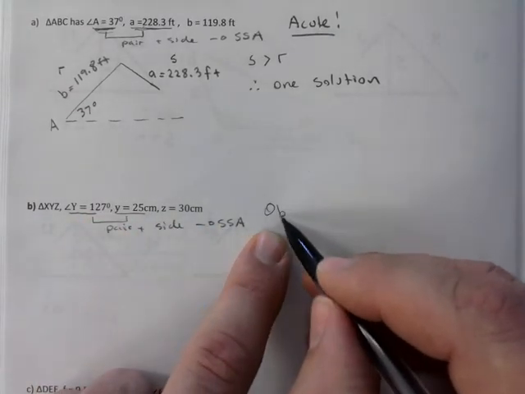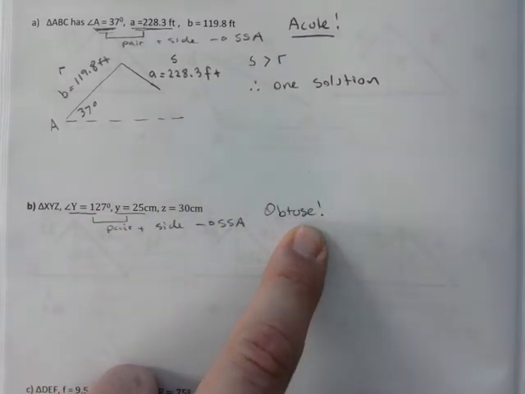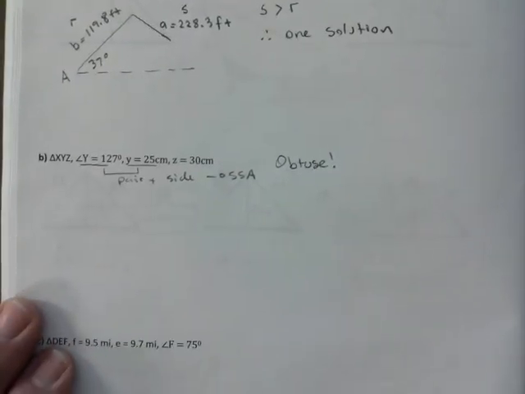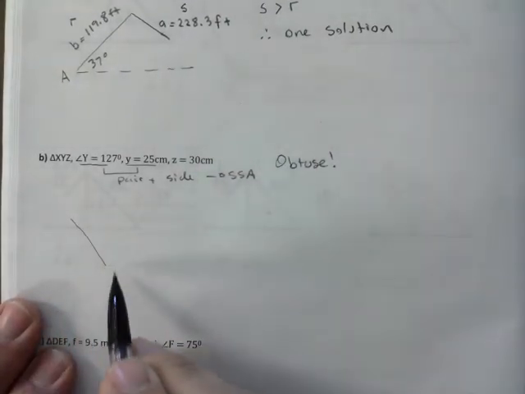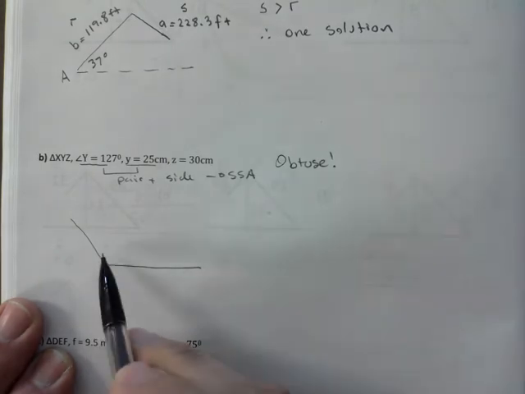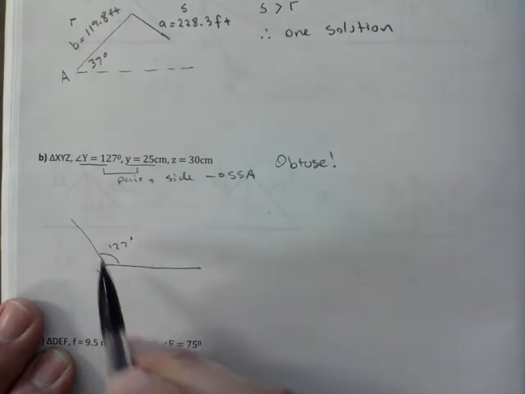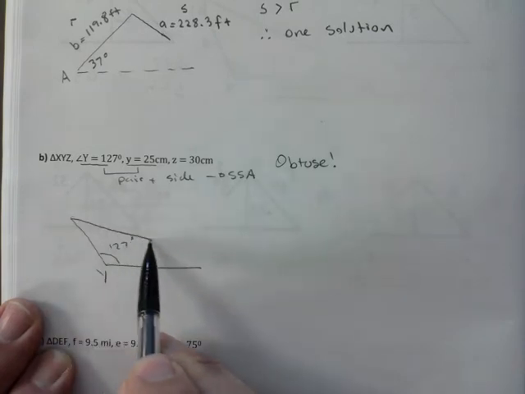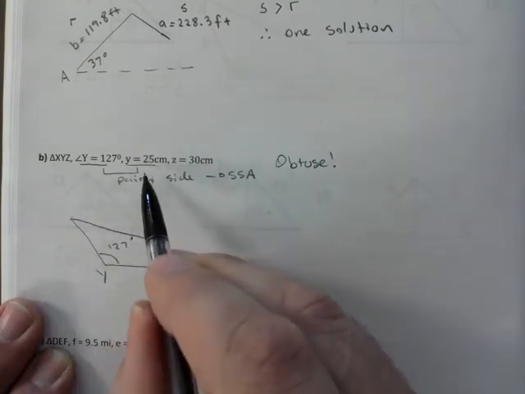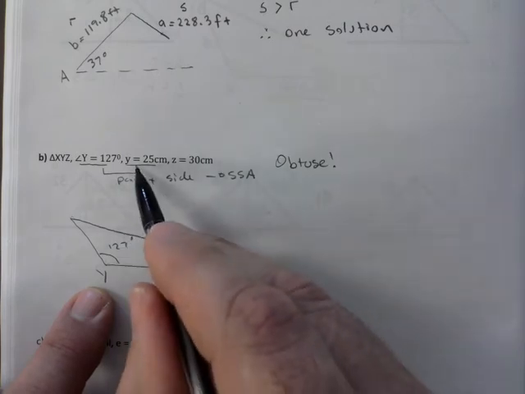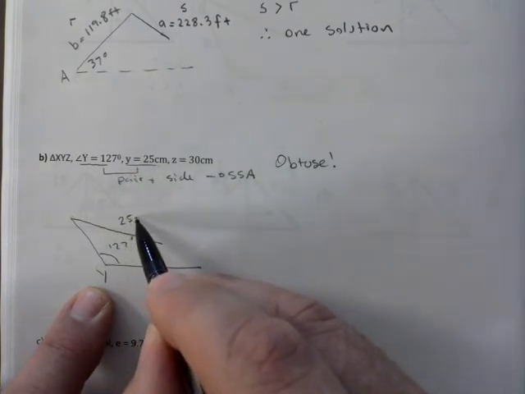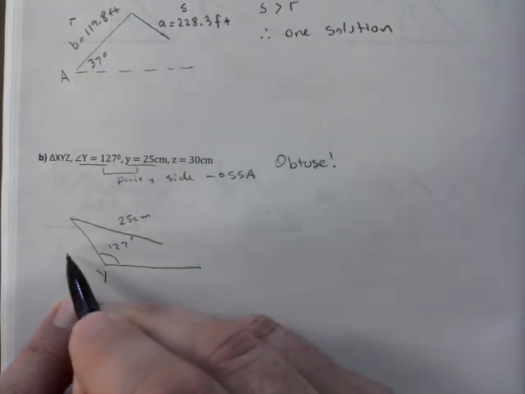Okay, and it's obtuse. You notice that? So I want your diagram to be like this. So you put the 127 here, and that's angle Y, and then you just make your string go like this. And remember, side Y is across the angle here, and Z is 30.